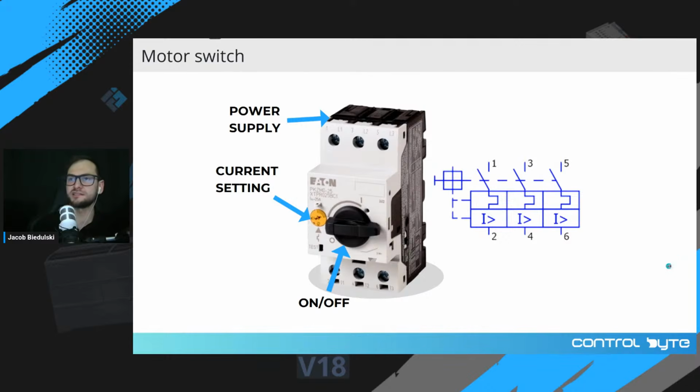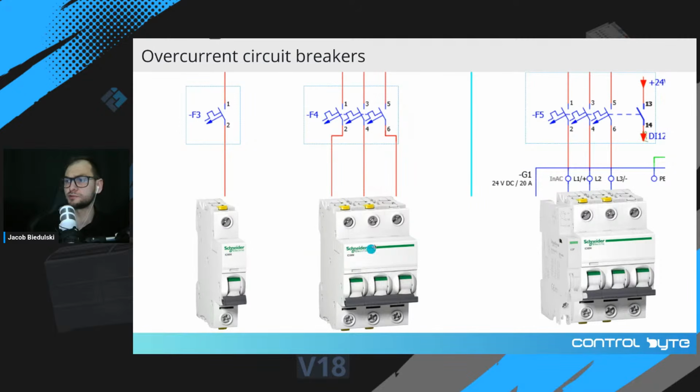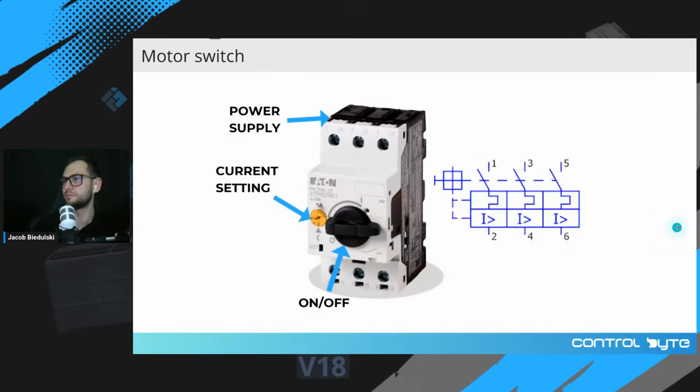And the next overcurrent protection dedicated for motors is the motor switch. Okay, so the symbol on the right is usually used for a motor switch, but sometimes it can be also used for a classic circuit breaker. Okay, so you should pay attention to this.